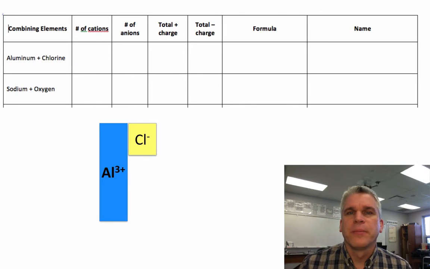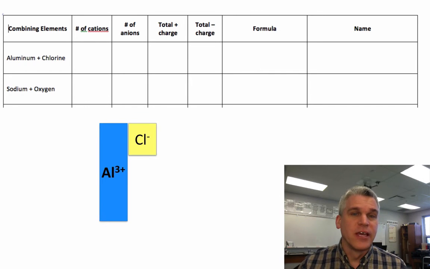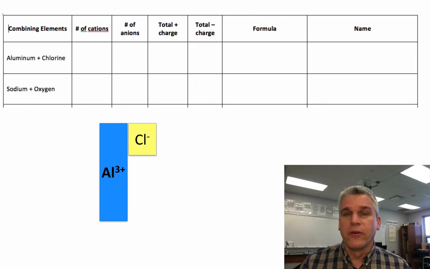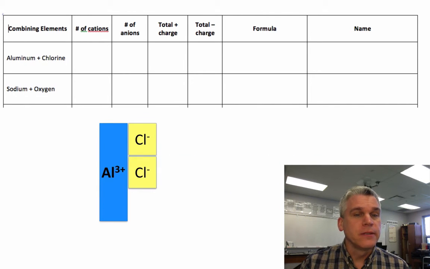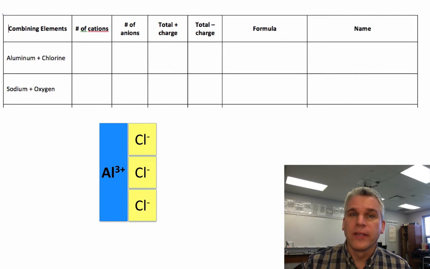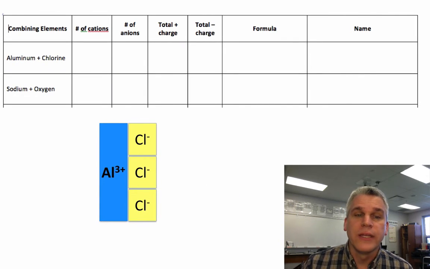In order for us to complete this chart, we want to make sure that the charges are equal to one another. So for instance, if aluminum has a charge of 3 plus, we need to have a charge of 3 negative to equal it out. Chlorine only has 1 negative, so we need to add another chlorine, which makes that up to 2 negative, and we have to add a third chlorine, a total charge of 3 negative.